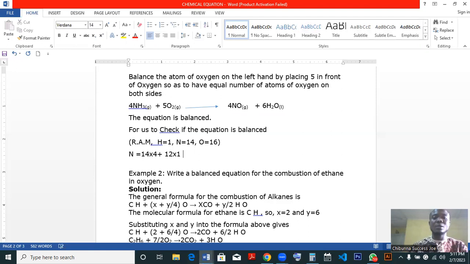Plus, now for oxygen, we have 5 times 2, which is 10. That is, we have 10 atoms of oxygen. That is 10 times 16. Remember, you have 16 here.